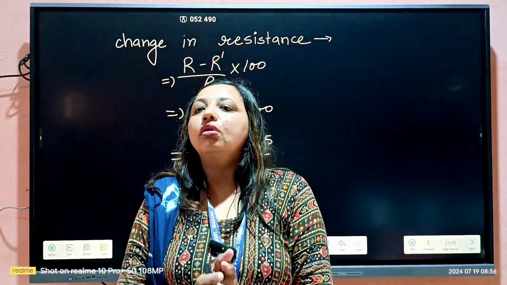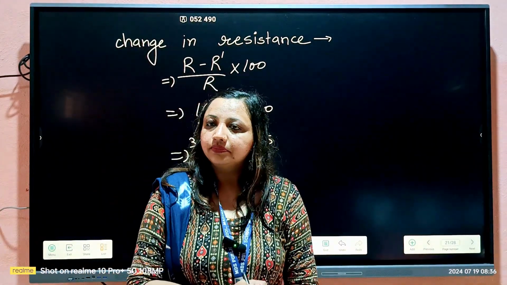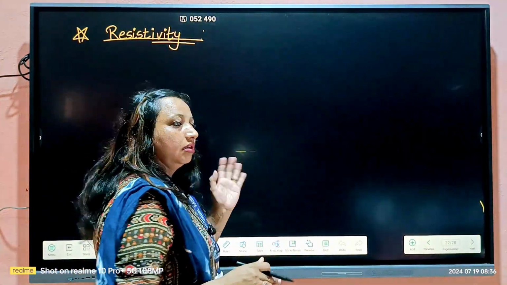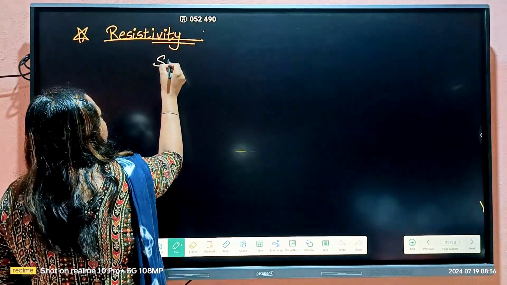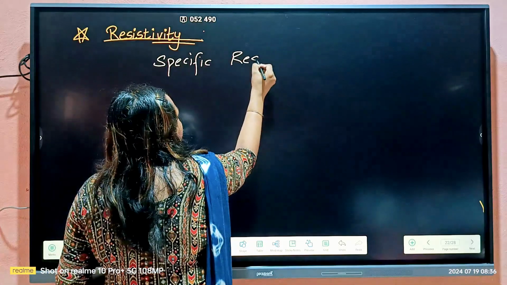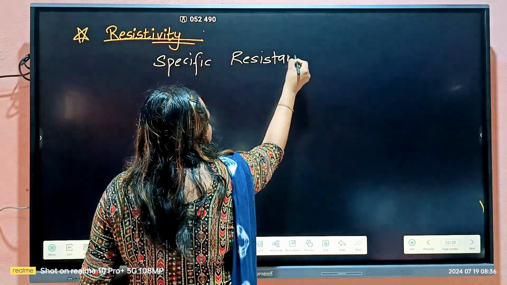So you can easily solve these questions of resistance, and these are very important. We have already done the resistivity. What do we call the resistivity? Yes, the specific resistance.